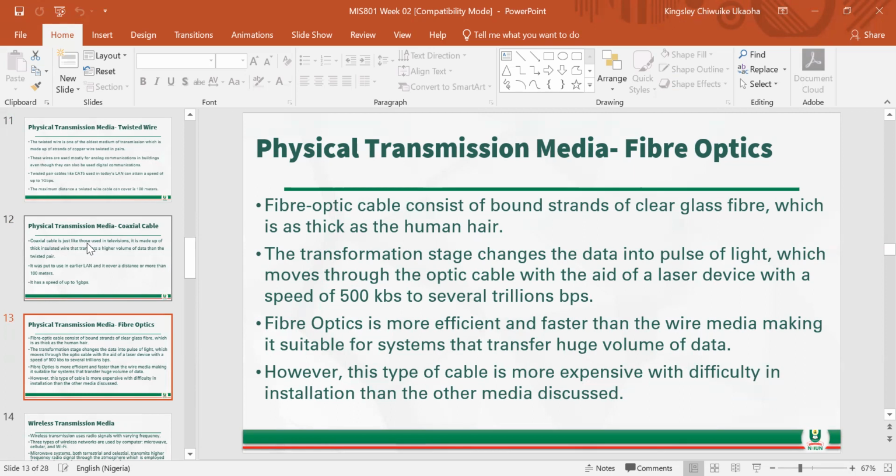Fiber optics is more efficient and faster than the wire media, making it suitable for systems that transfer huge volumes of data. However, this type of cable is very expensive, with more difficult installation than the other media discussed.